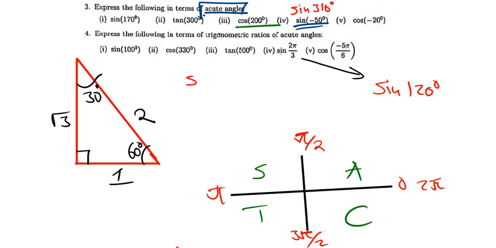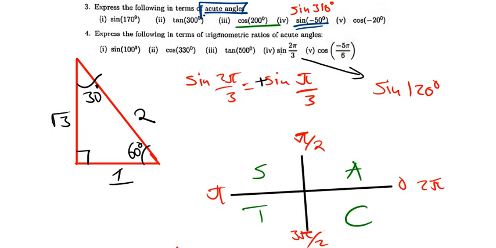So sine 2 pi over 3 is equal to sine pi over 3. Now is sine positive or negative in the second quadrant? It's positive, so that remains positive.